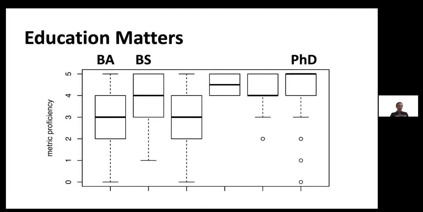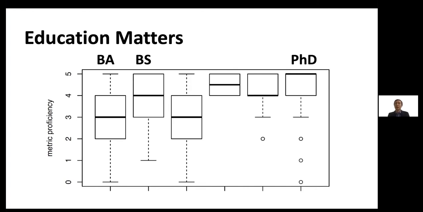The actual factor behind that seems to be education, the degrees. If we break it down by degrees, fortunately we can see students in Bachelor of Science tend to have better metric proficiency than students pursuing Bachelor of Arts. And the faculty with PhDs quite comfortably had the highest metric proficiency scores.